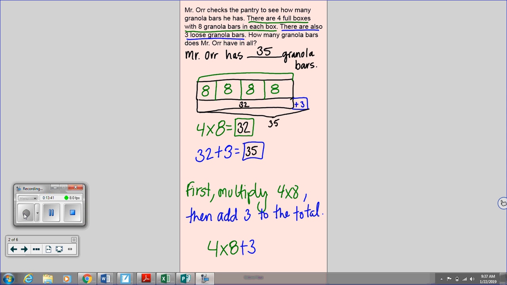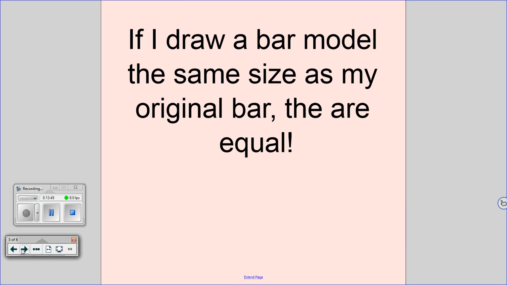I would like you to write this down, this next part, and if you need to write it on a separate page, that's okay. But this is going to be really important as we're doing two-step problems. If I draw a bar and it's the same size as my original bar, they are equal. So I want you to write that sentence somewhere in your notebook.